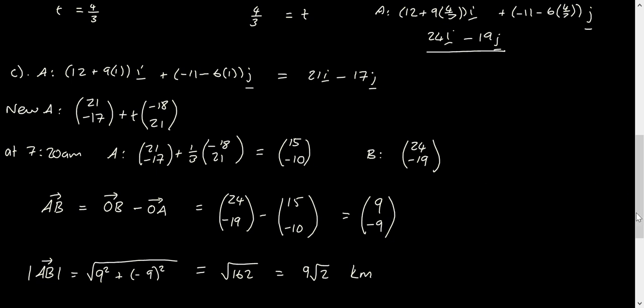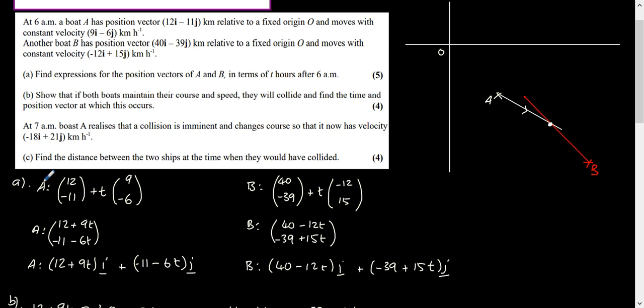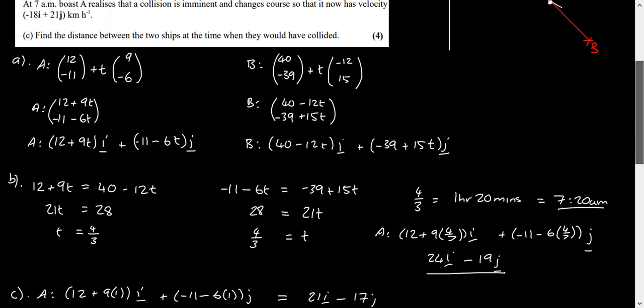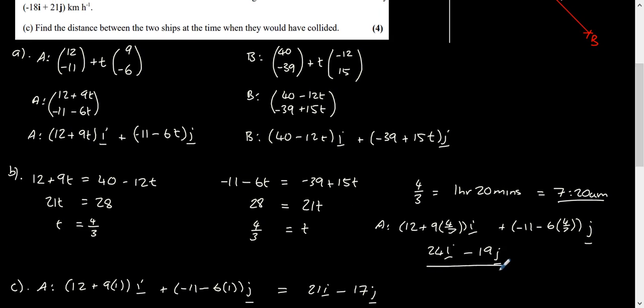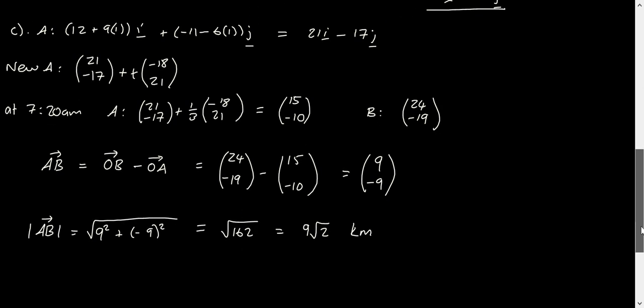So just a quick recap. The first part, we wrote down equations for where A is going to be at a set hour after 6 a.m. and also for B. That allowed us to make those two equations equal to work out where and when they were going to collide. Then we had this additional information where A changed course 1 hour after it set off.